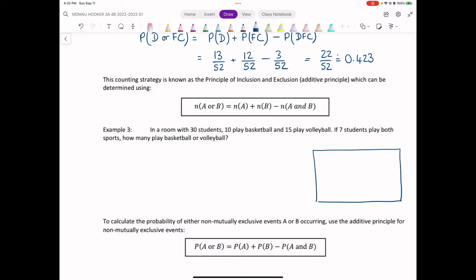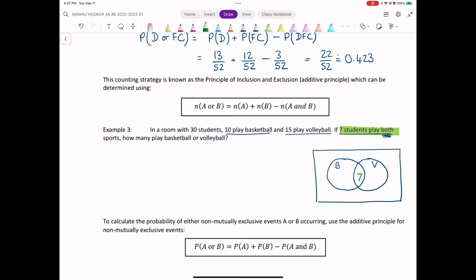So we have basketball students, we'll call B. We know that 10 play basketball, we know that 15 play volleyball, but 7 students play both. When you see the word both, you know that you're going to have non-mutually exclusive events. So let's start out by putting our 7 for both in there.